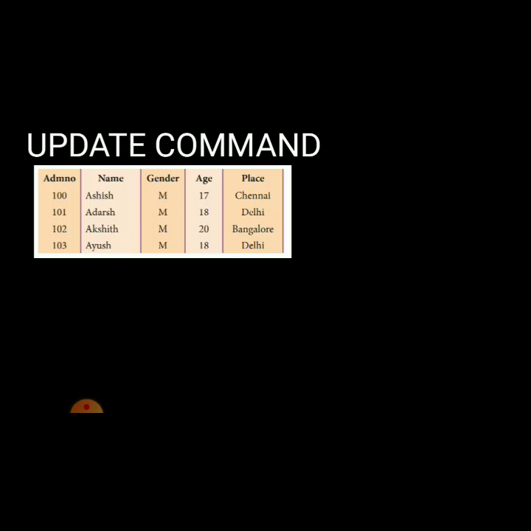Next, the update command. The update command updates some or all data values in a database. It can update one or more records in a table. Here you see such a table format. Now we update student, set age 18, place Chennai where the admission number is 102.